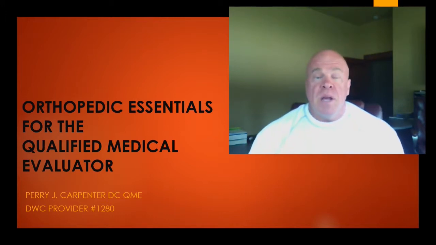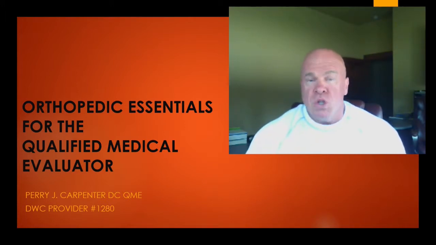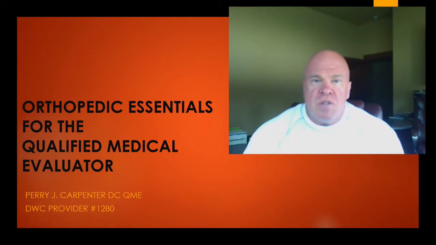And many evaluators get confused and sidetracked by examinee subjectivity, and they lose sight of what constitutes a true positive objective finding. So I have a fascinating discussion for you today, and we're going to begin the actual physical examination, beginning with our observation of the examinee.